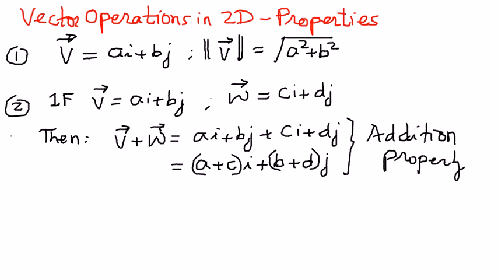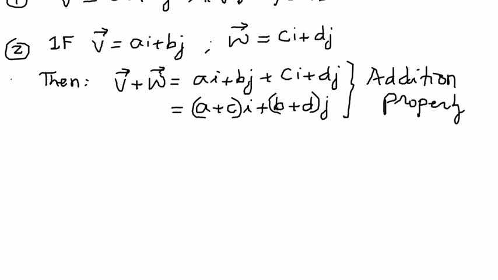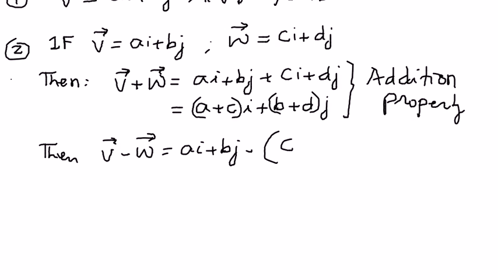Similarly, we can do the subtraction property, and if a vector V is AI plus BJ and vector W is CI plus DJ, then vector V minus vector W, we can write that as AI plus BJ minus (CI plus DJ), isn't it? So we can therefore write this one as AI minus CI plus BJ minus DJ.